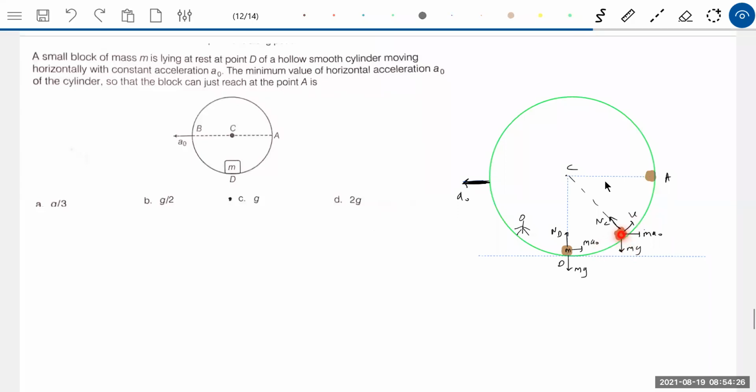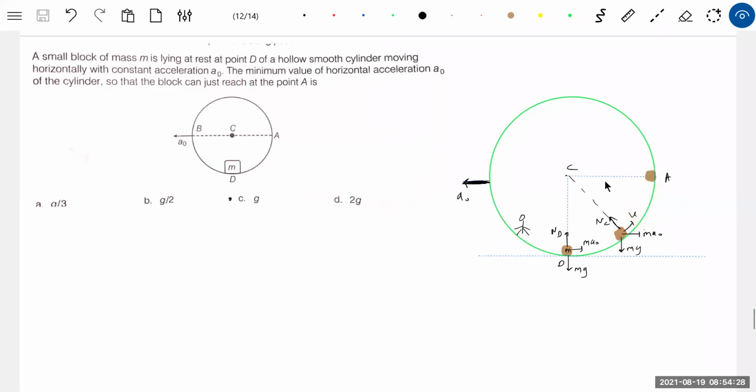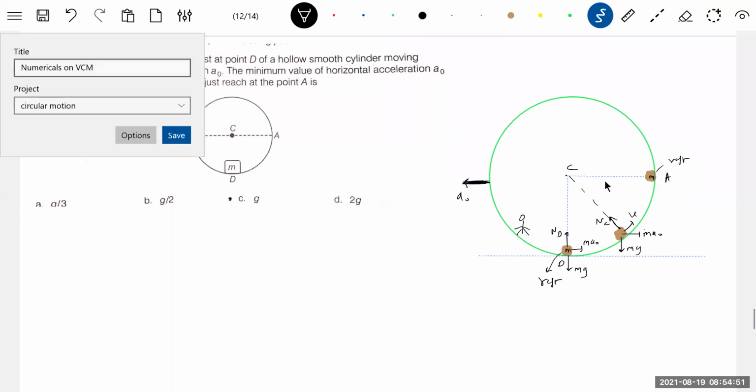So it will start sliding up. Just reach means it starts from rest, and again it will come to rest here. What about the work done by normal contact? Should be 0. Then the weight and this pseudo force do work. So shall I apply conservation of mechanical energy? Anybody wants to answer?